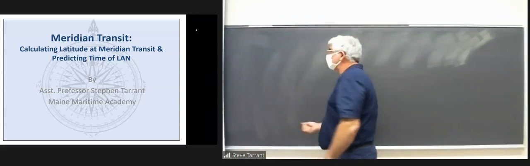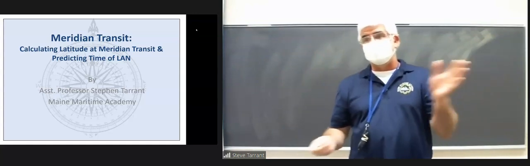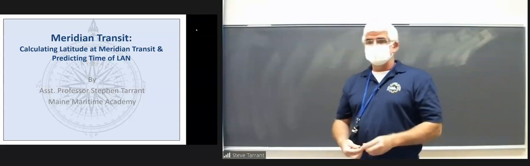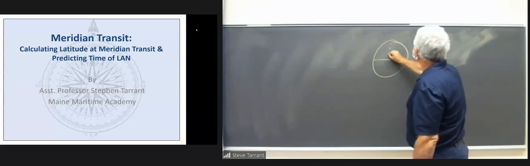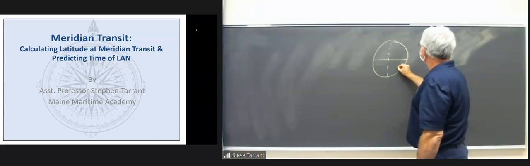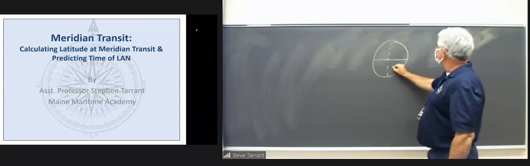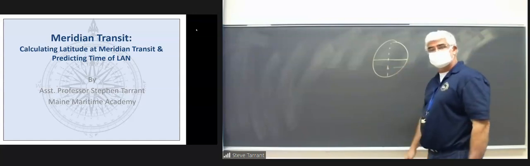So local apparent noon, it's really meridian passage. Local apparent noon is when the sun is on your meridian. Meridian passage is when, like, here's the earth, here's the equator. Let's say this is your longitude. Bodies rise in the east, so as the morning progresses, they're getting closer and closer to your longitude, and at some point they're going to be on your longitude.